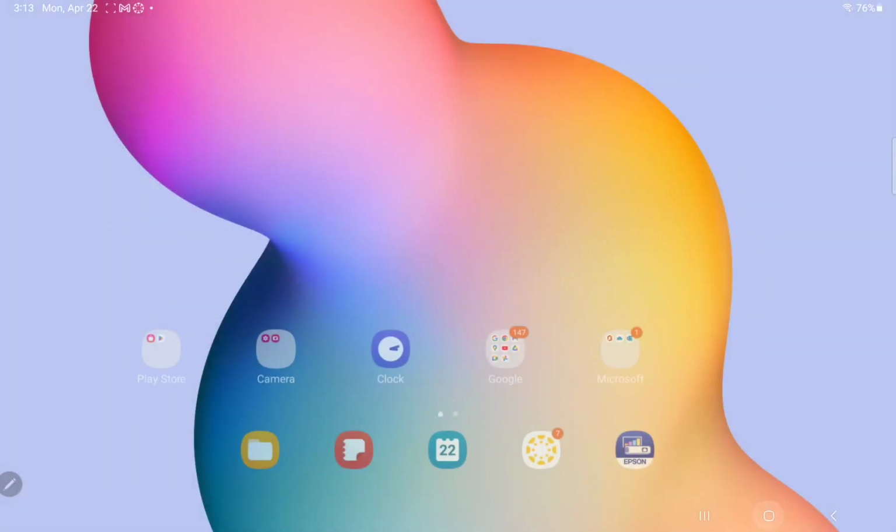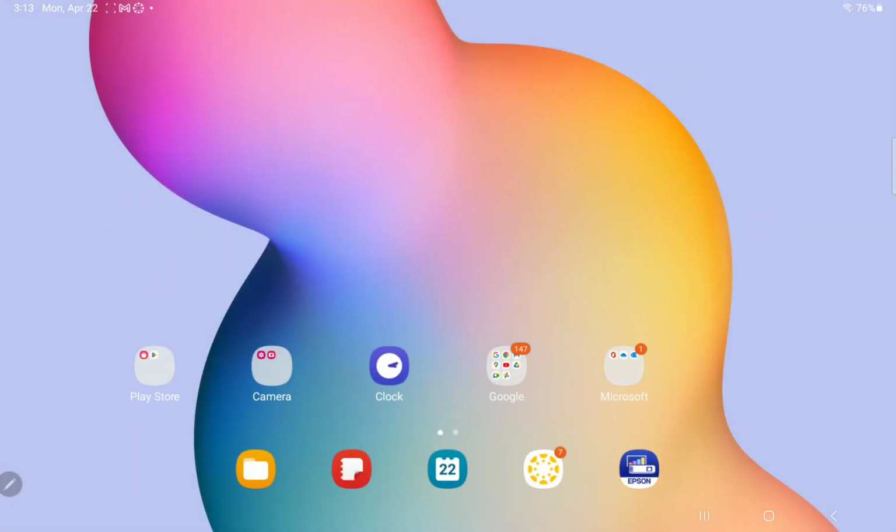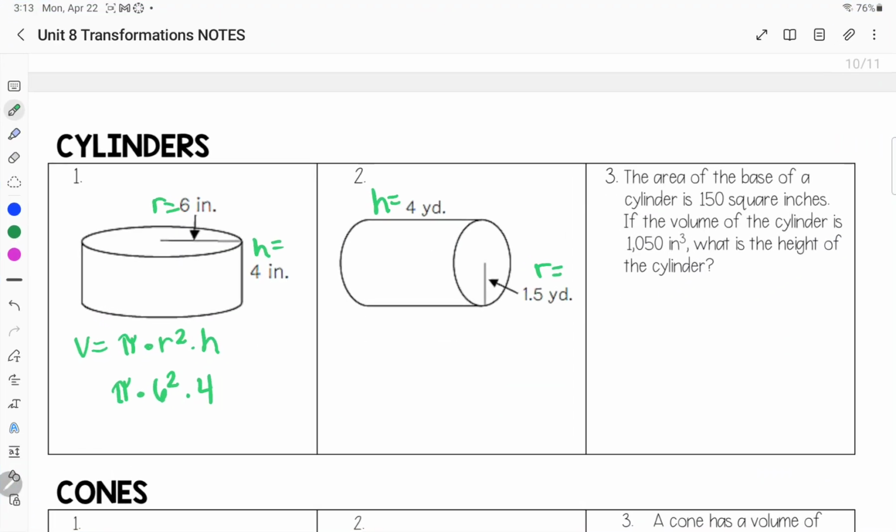Okay, so you're just going to put the whole thing in your calculator, making sure that you use the pi button. So we're going to do pi times radius squared, so pi times 6 squared times 4. And your calculator is going to come out with 144 pi. So you'll notice that they've left this in terms of pi.